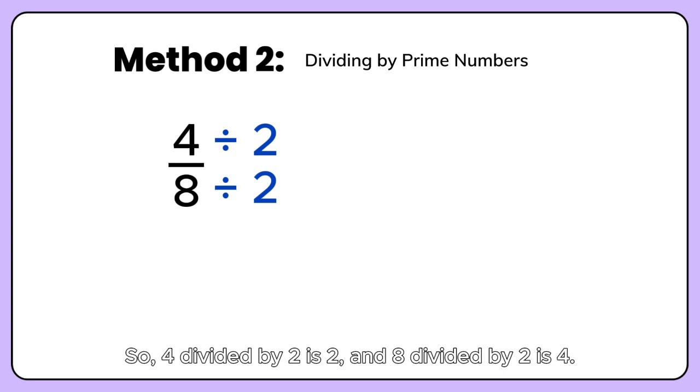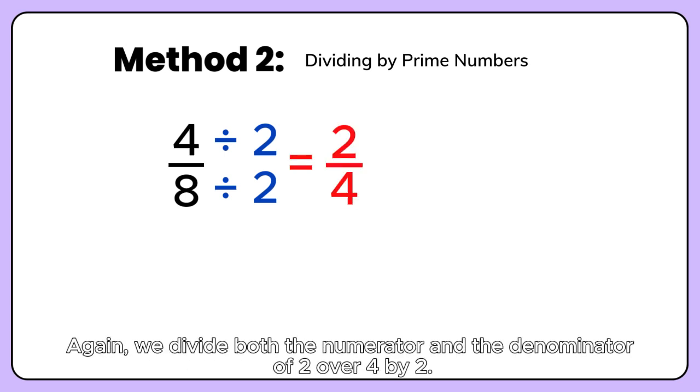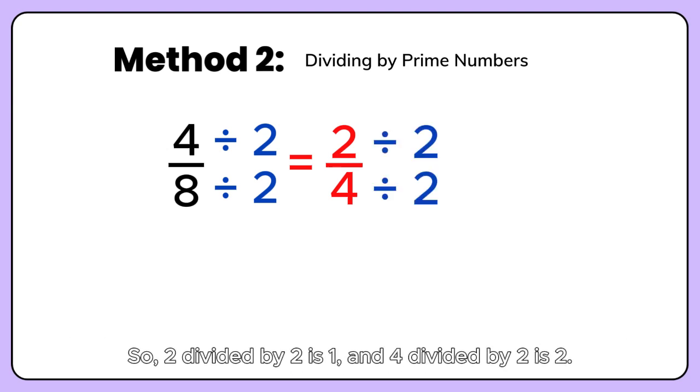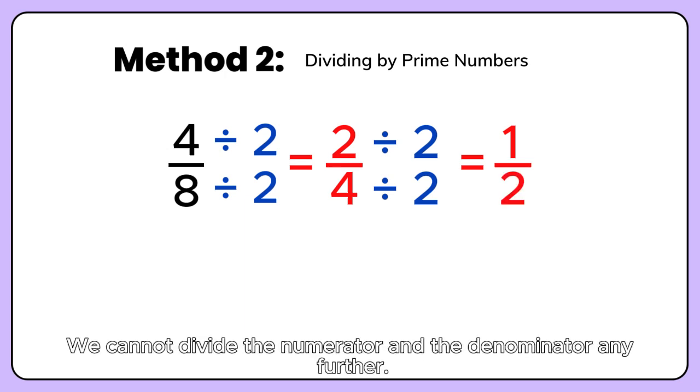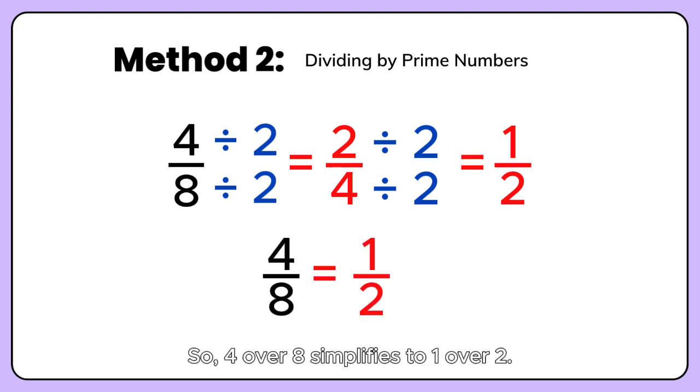So 4 divided by 2 is 2, and 8 divided by 2 is 4. Again, we divide both the numerator and the denominator of 2 over 4 by 2. So 2 divided by 2 is 1, and 4 divided by 2 is 2. We cannot divide the numerator and the denominator any further. So 4 over 8 simplifies to 1 over 2.